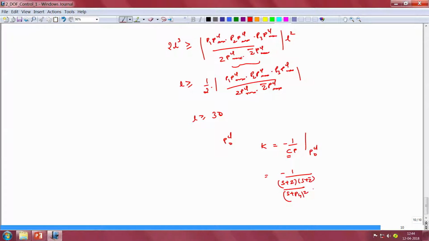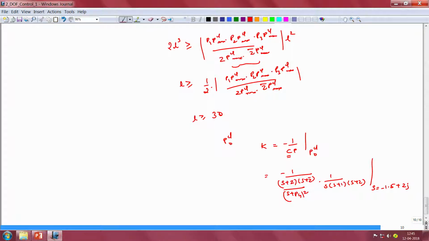That is going to be the structure of our controller, and our plant nominally would be of the kind 1 by S times (S plus 1) times (S plus 2). So if we evaluate this entire thing at the point S equal to minus 1.5 plus 2j, then we would obtain the controller gain K, and with that we would be done with the design of the feedback controller.